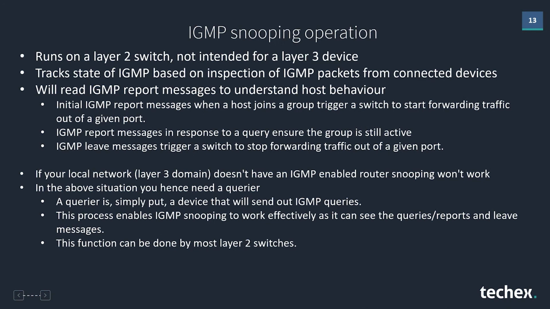That switch will then act as the IGMP querier, sending out those query messages and responding to leaves or reports. It takes up the role of the querier, but also in the background still takes on the IGMP snooping operations. And that's it. Very simply put, that is IGMP, at least as a good technical introduction.